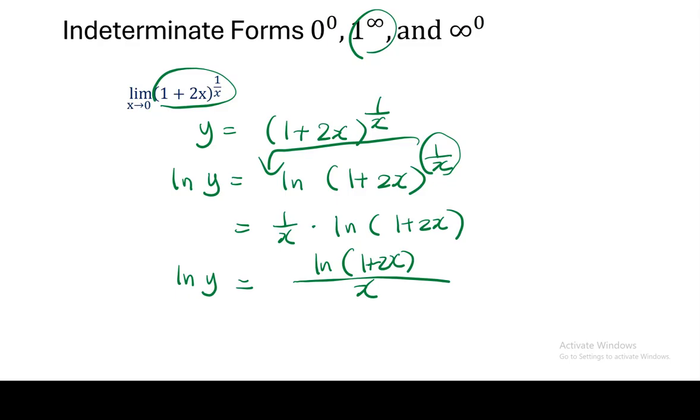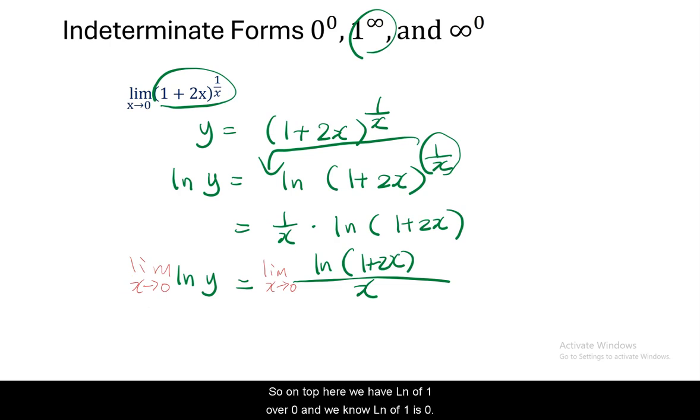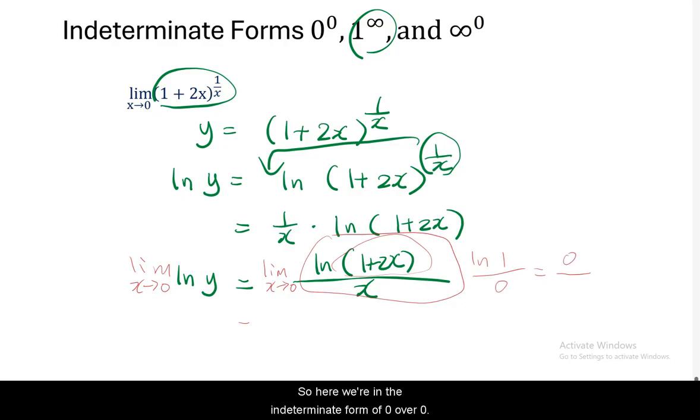If you take the limit here as x approaches 0 on both sides, on top here we have ln of 1 over 0. And we know ln of 1 is 0, so here we're in the indeterminate form of 0 over 0 again.